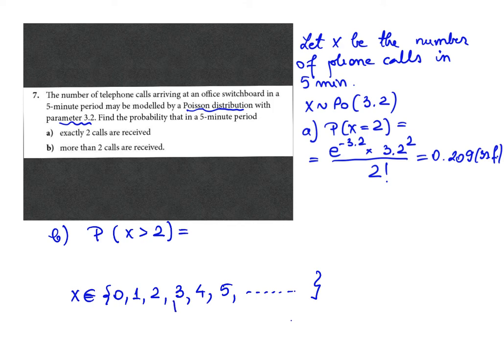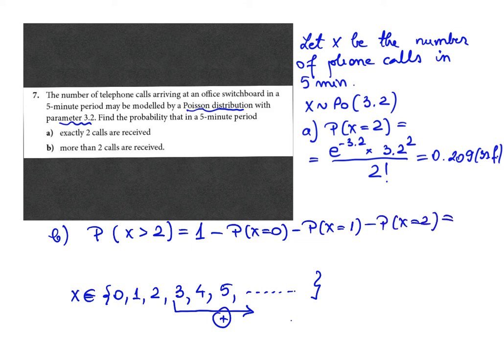So if I want the probability of X bigger than 2, then from all of them together, which has probability 1, I need to subtract the probability of X being 0, the probability of X being 1, and the probability of X being 2. And that is going to be my answer.